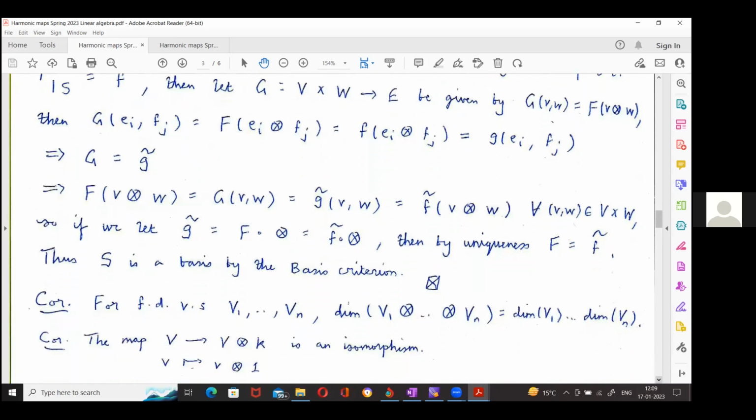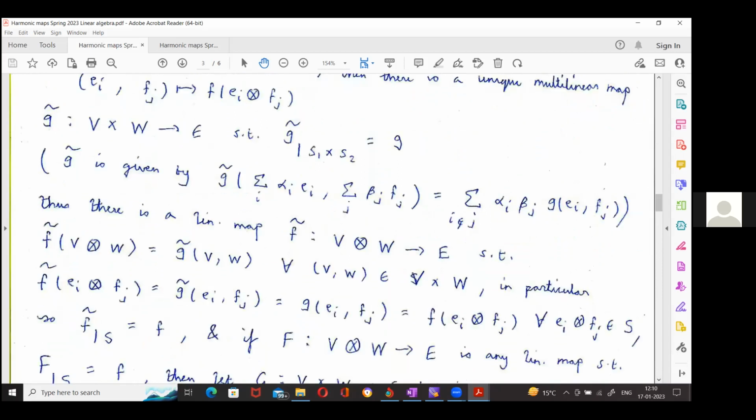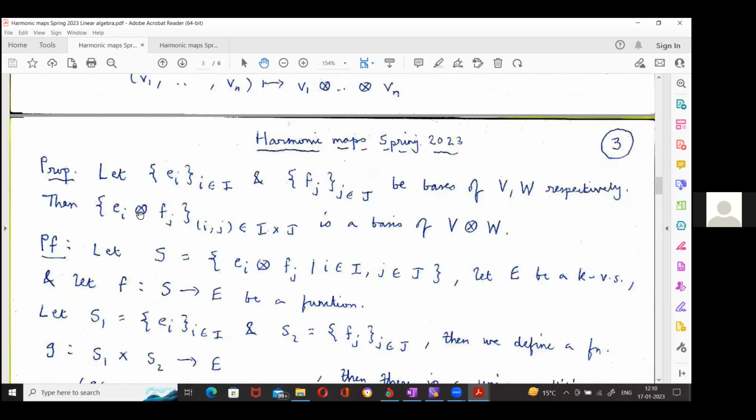So as an immediate corollary, we get that if you take finite dimensional vector spaces V1 to Vn, then the dimension of V1 tensor ... tensor Vn is the product of the dimensions of V1 up to Vn. Is that clear? Because the basis will be given by tensor products of the bases of V1 to Vn.